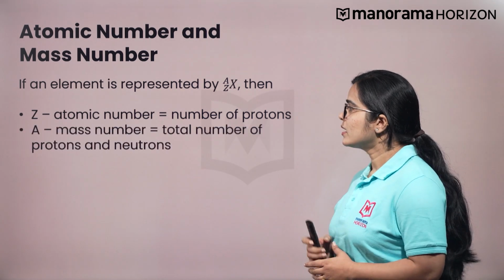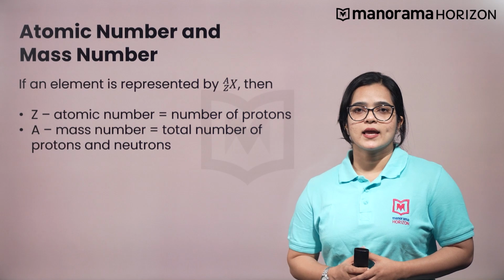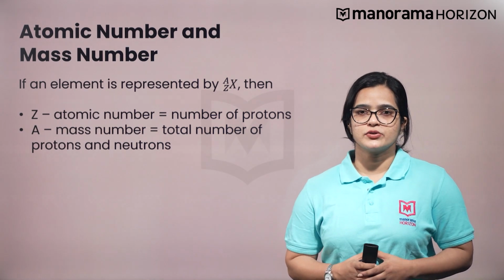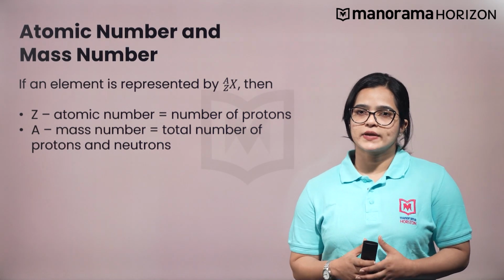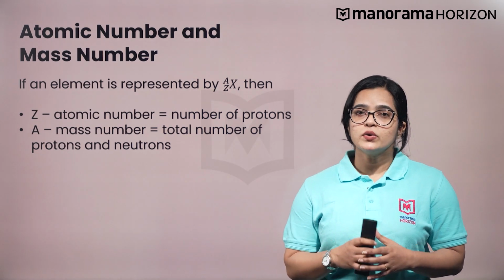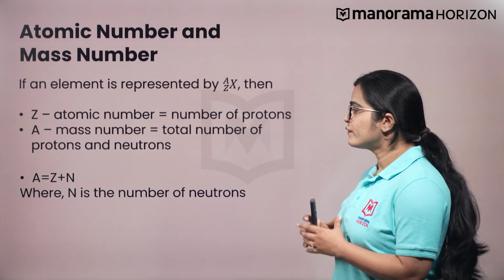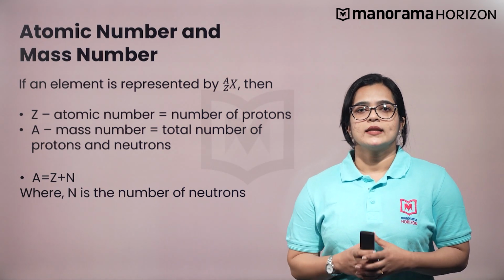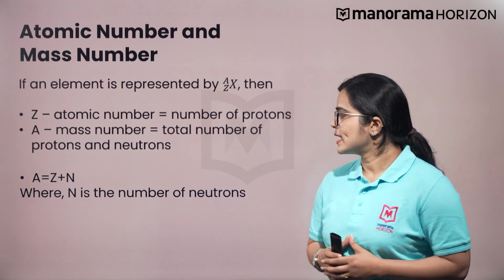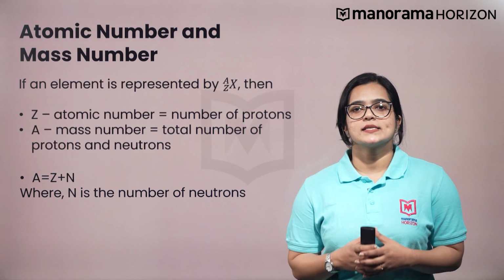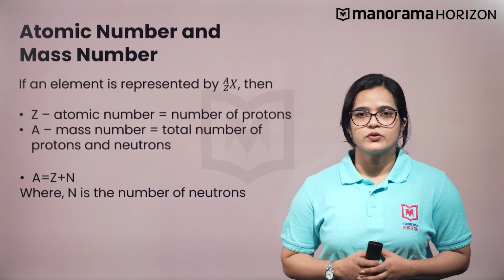The mass number represented by capital A is the total number of protons and neutrons within the nucleus, or we can say that it is the total number of nucleons in an atom. If N represents the number of neutrons in an atom, then A is equal to Z plus N, that is the total number of protons and neutrons.